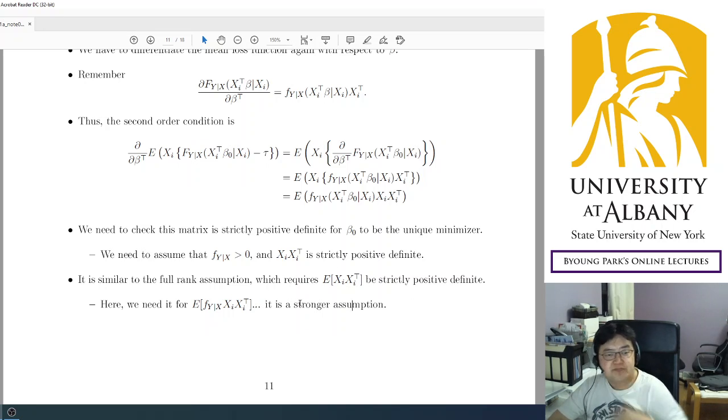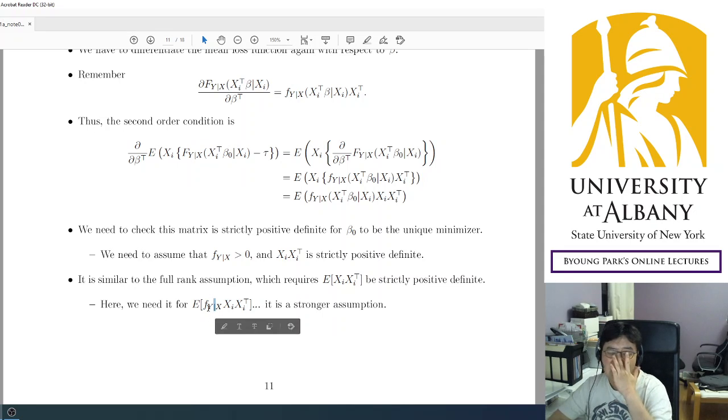So now we have a stronger assumption. We replace this matrix with this, which involves an additional component. Having a strictly positive definite for this is a stronger assumption, because even if xx prime is strictly positive definite, if the density is 0, then it is not strictly positive definite.